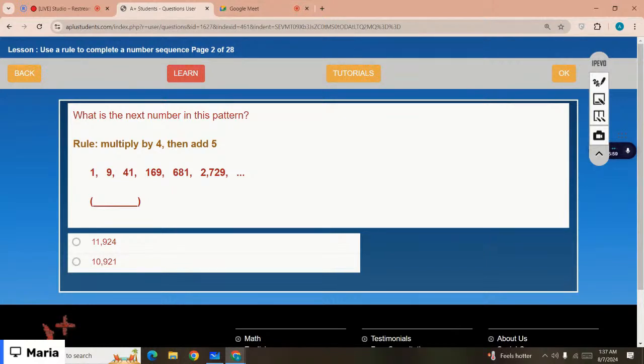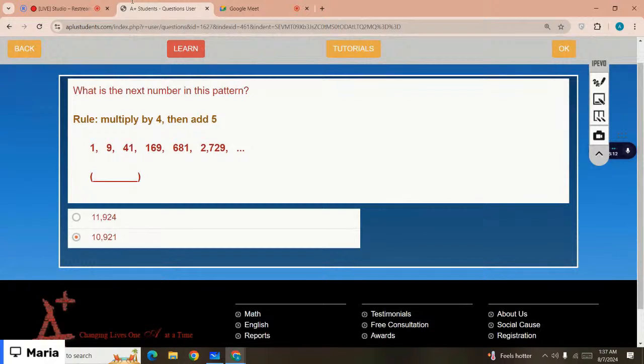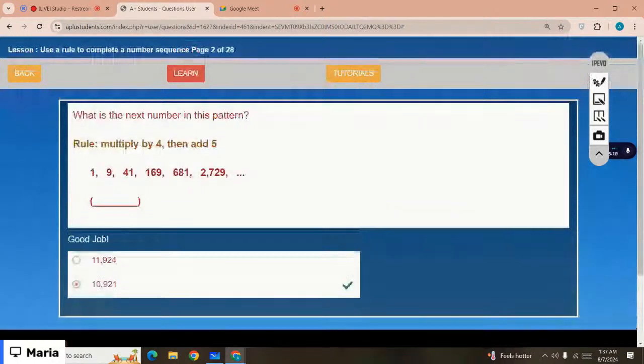That is 2729 times 4 and then you have to add 5. You need to multiply 2729 times 4, right? And then you have to add 5. So the correct option is 10,921. Option number 1 is the correct option.